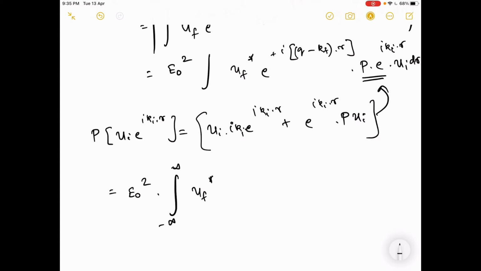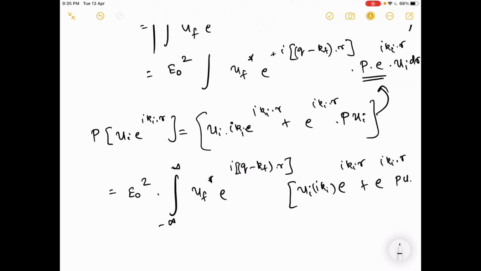So, uf star e power i q minus kf dot r into summation ui into i ki e power i ki dot r plus e power i ki dot r into P ui. Right? Remember, uf multiplied by ui. uf is the final state potential function, and ui is the initial state potential function.